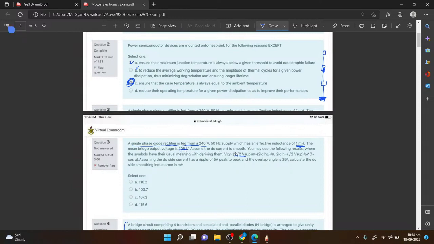Assume the DC current is smooth. Assume delta I to be 5 amps peak to peak, and the overlap angle is 25. Calculate the DC side smoothing inductance.